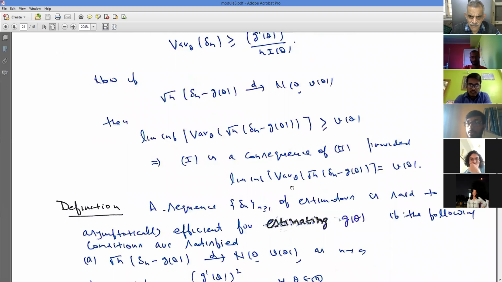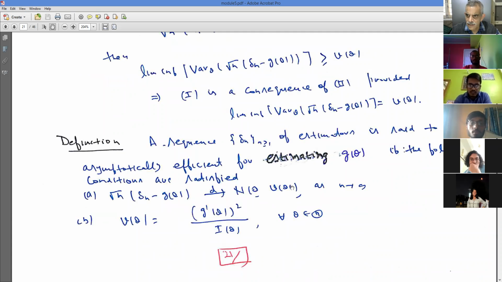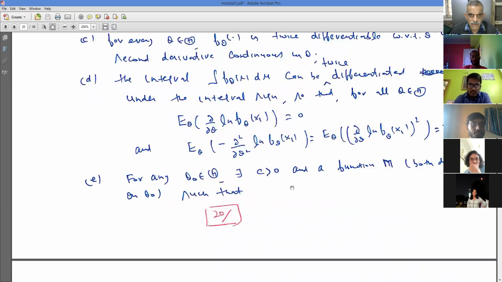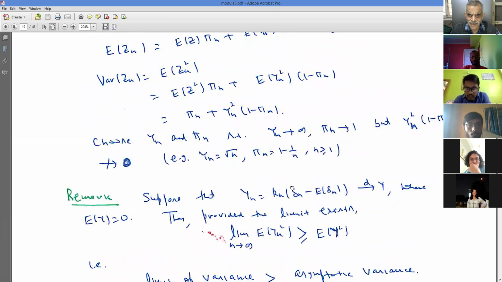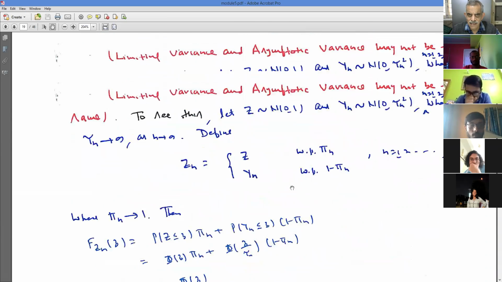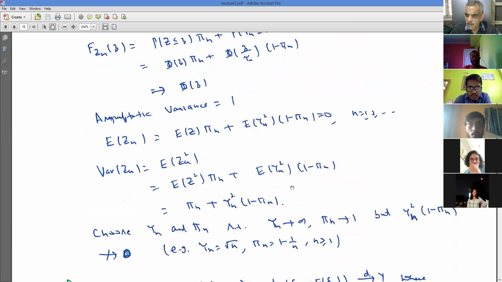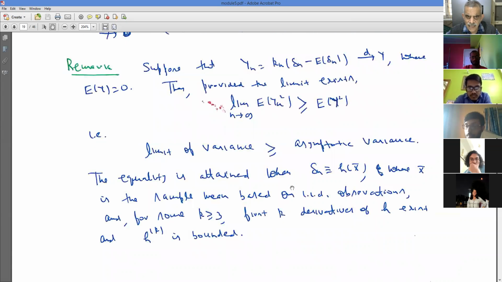Yes, the remark says the limit of the expectation of Yn squared is greater than or equal to the expectation of Y squared, and equality is attained if delta n is h of x bar. In general, the limiting expected value of Yn squared may not be the same as the expected value of Y squared, but it will be the same if your delta n is of the type h of x bar, right?